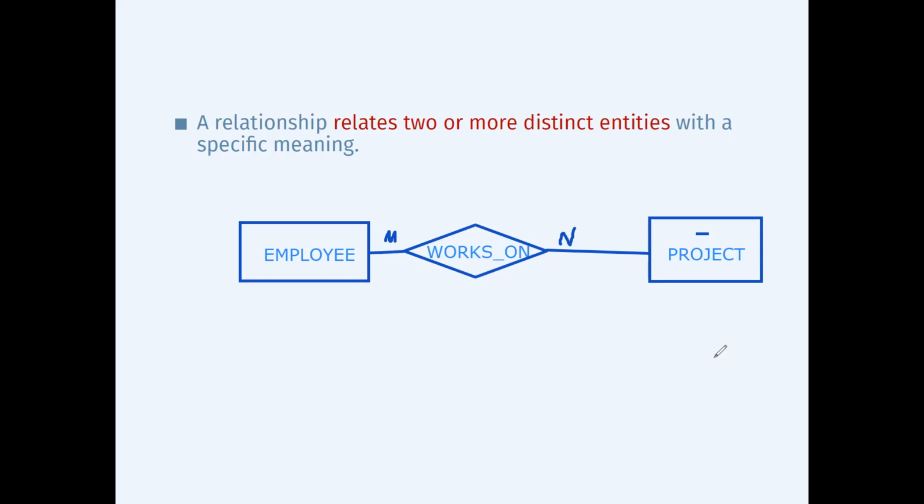So for example, if you have a principal and a school, take one principal, he can work for a maximum of one school. Take one school, you can have a maximum of one principal. So which is one-to-one. Take mother and children.